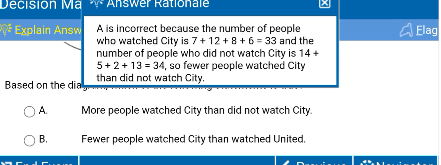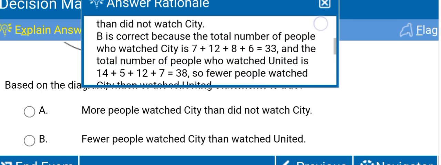So fewer people watched City than did not watch City. So that's why option A is the incorrect option.